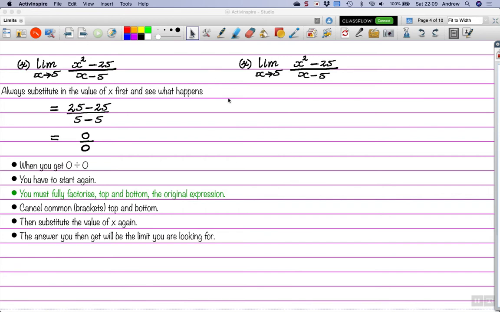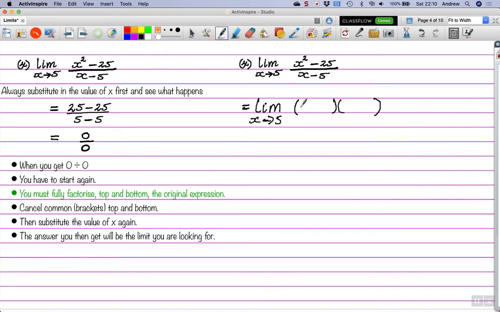So what's the method for actually solving this problem? Well, you have to factorize fully top and bottom. It's absolutely essential that you factorize top and bottom fully. So you've got the limit as x tends to 5, and when you factorize the top, you should spot that you have the difference between two squares.